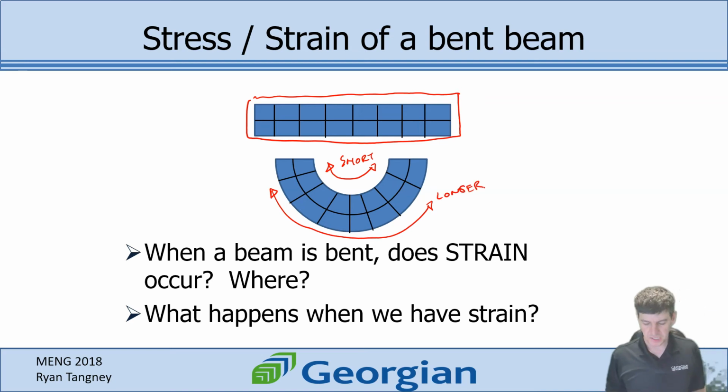And because I had a change of length, we've had strain. We also had an equation, E is equal to stress divided by strain, which says that any time that we have strain, we're going to have stress. So when we shorten it, we have a compressive stress that occurs at the top of that beam. And at the bottom of the beam, we've stretched it, so we have tensile stress.